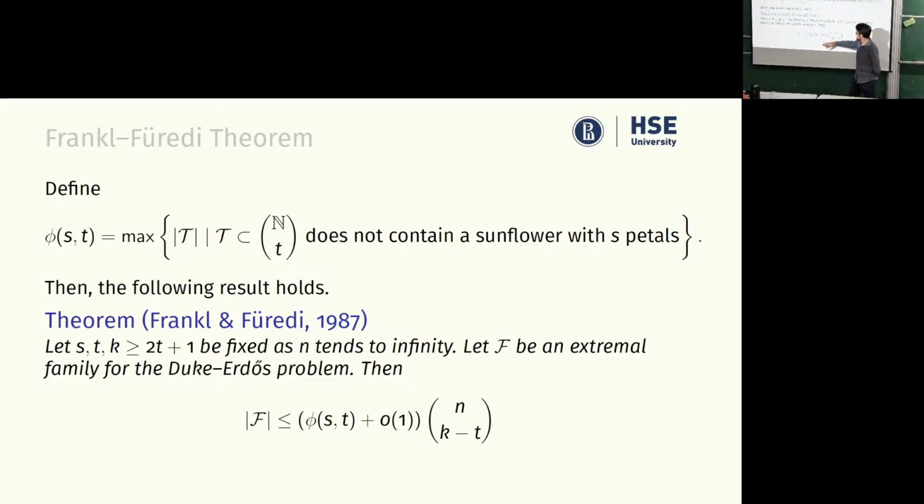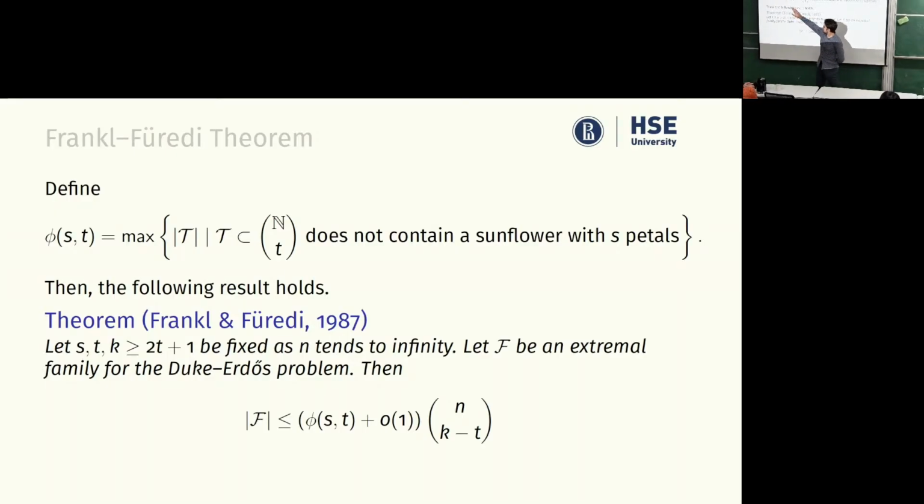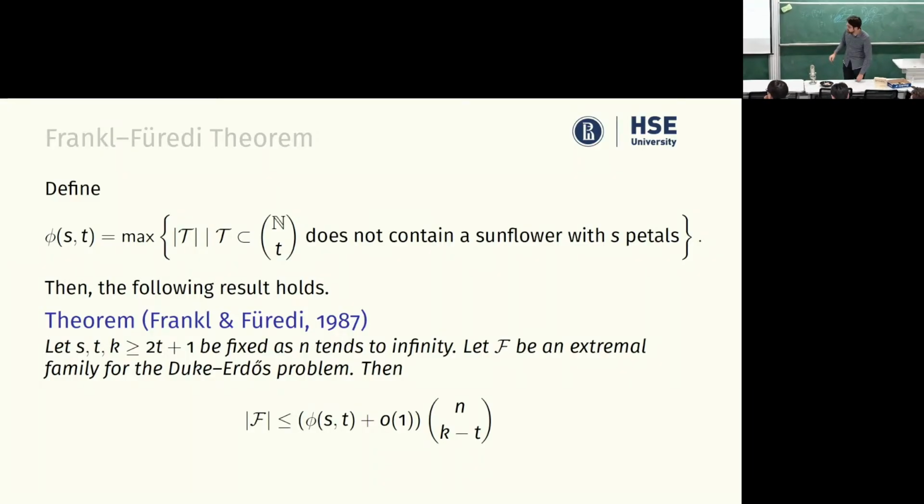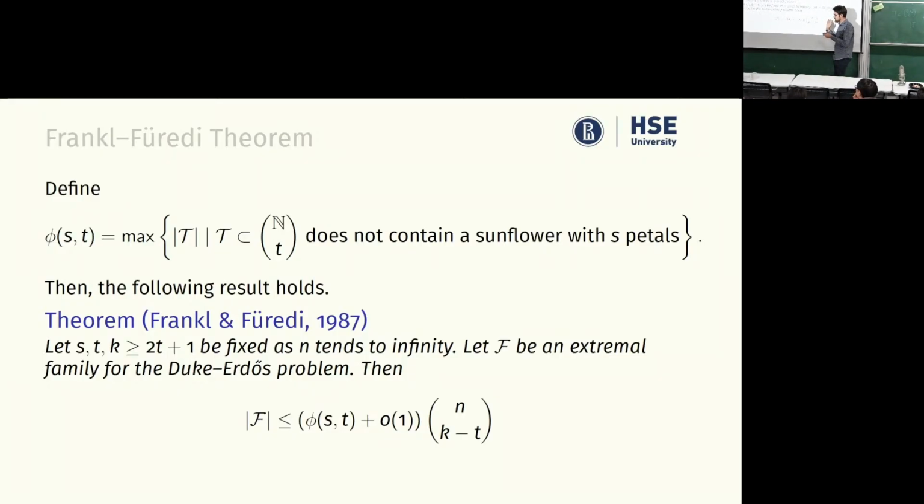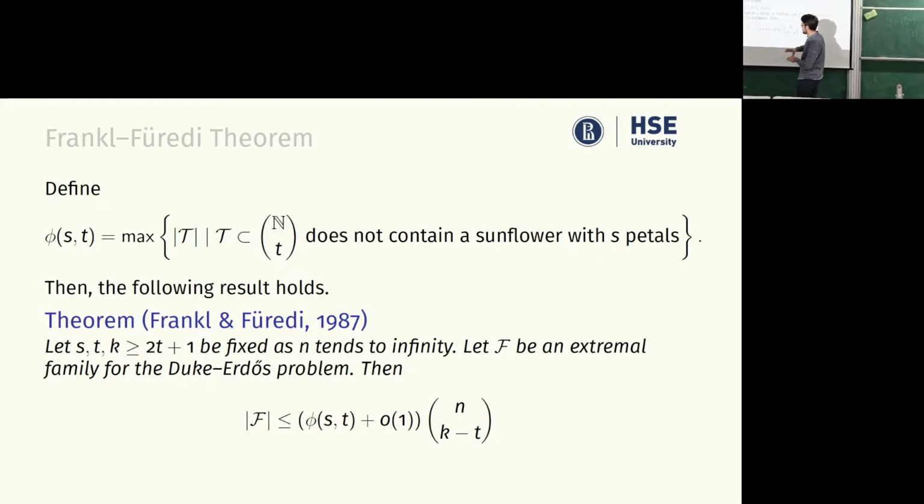The size of F is at most phi of S and t plus something small, tending to 0, times n choose k minus t. Okay, this is an upper bound. We have some function phi, but could we say something else about F? In particular, is this bound tight?